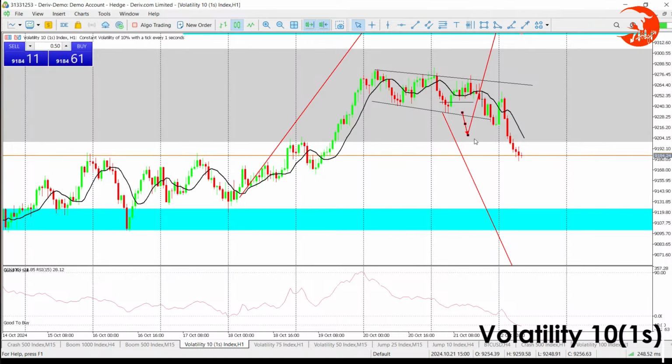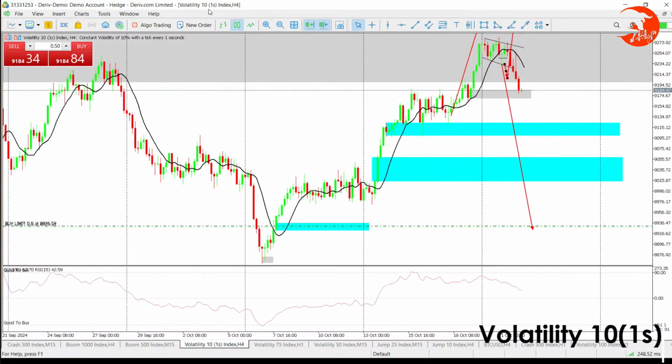We're waiting for that manipulation, then later on to go into buys, but probably this is still manipulation here. We'll wait and see, because we are on that order block, which is now going to be a support according to H1. Let's see H4. Here, of course, we also have that bigger order block on H4.